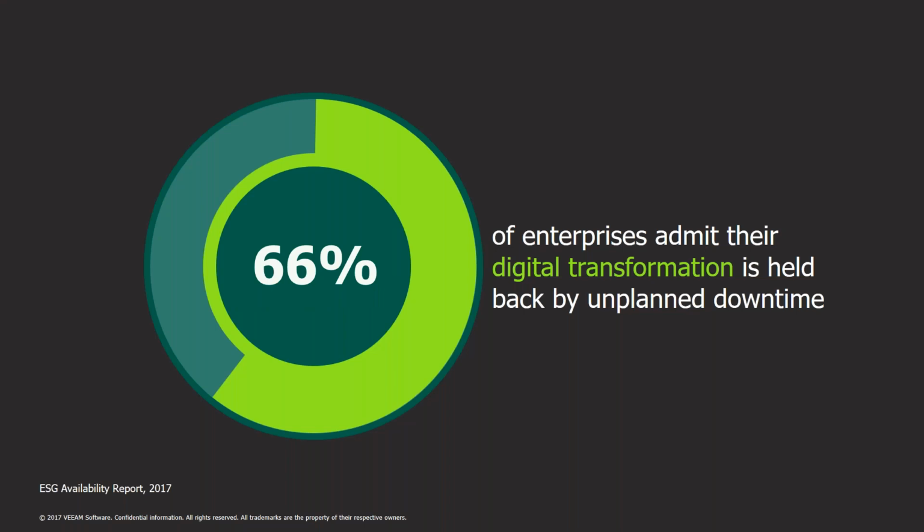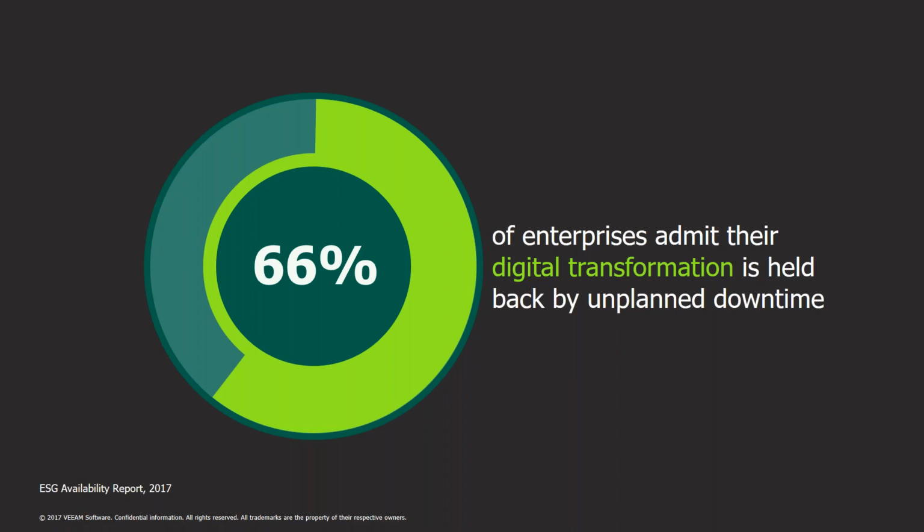So we're all now familiar with this concept of digital transformation, right? It has been the buzzword of the industry on everyone's lips for at least a couple of years now. And with this digital transformation, your business and your customers are more reliant on digital technologies and digital services than they ever have been.